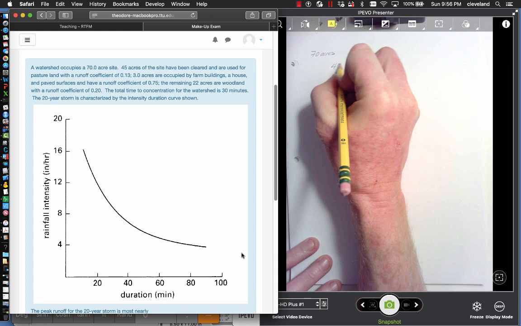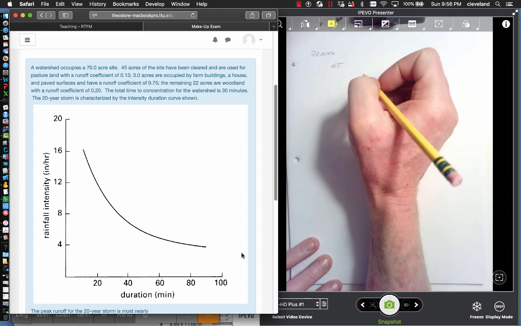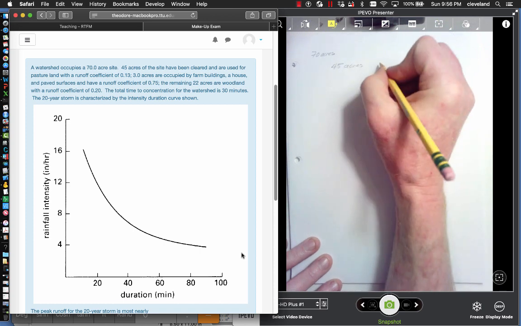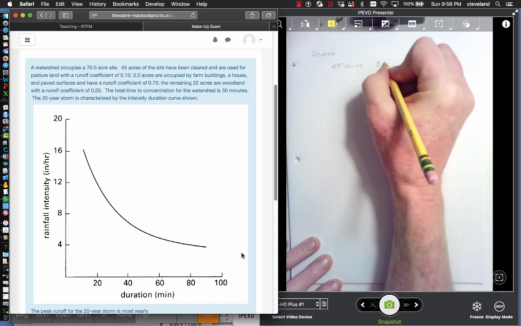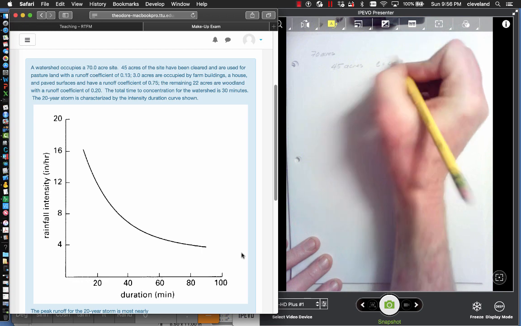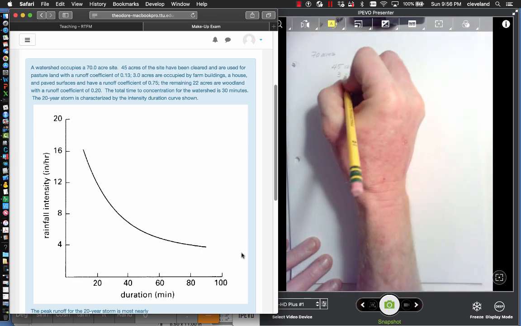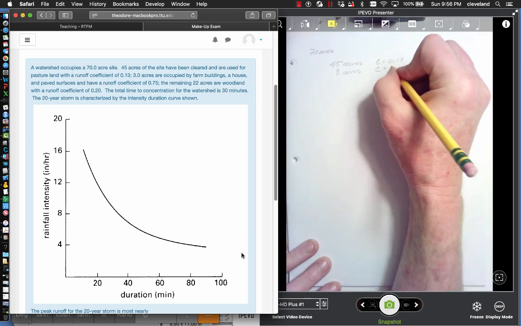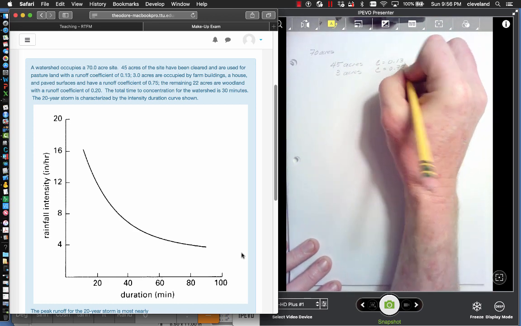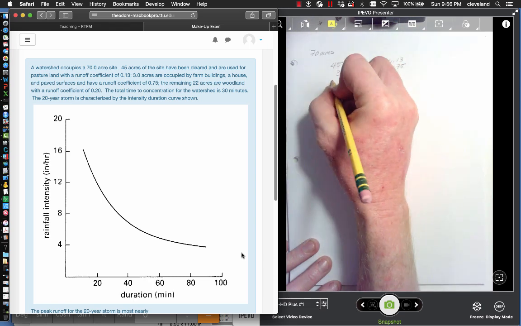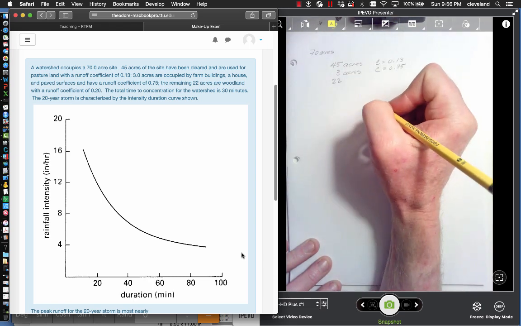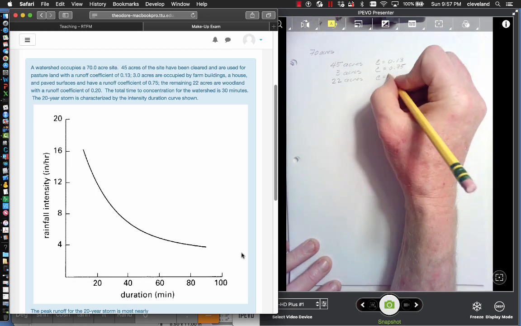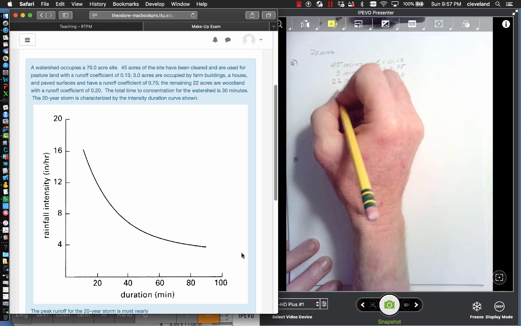Let's split off what problem information we can quickly. So we have 45 acres with a runoff coefficient 0.13. 3 acres with a runoff coefficient of 0.75, and 22 acres with a runoff coefficient of 0.20.